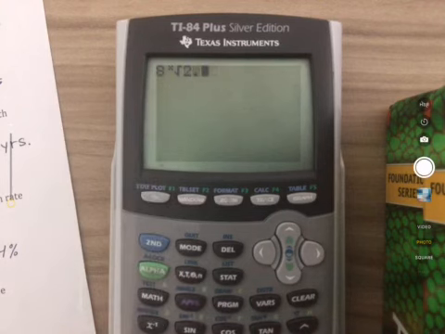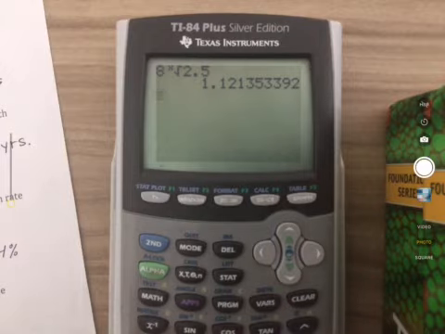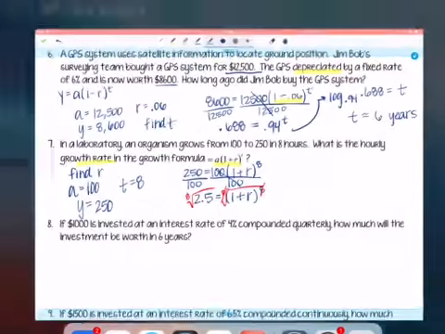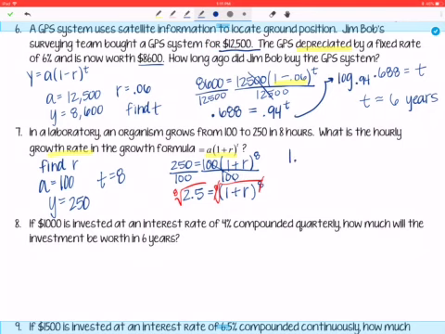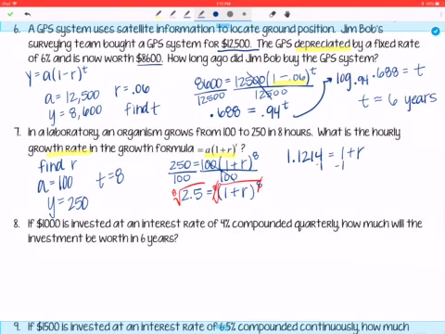So I'm taking the 8th root of 2.5, and we get this long decimal. That's about 1.1214 if I round to 4, which is equal to 1 plus R. Then if I subtract 1, my rate would be 0.1214, or as a percentage, about 12.14%.